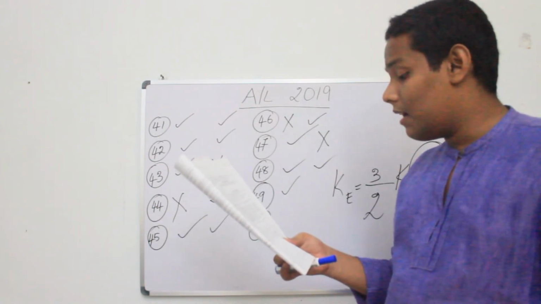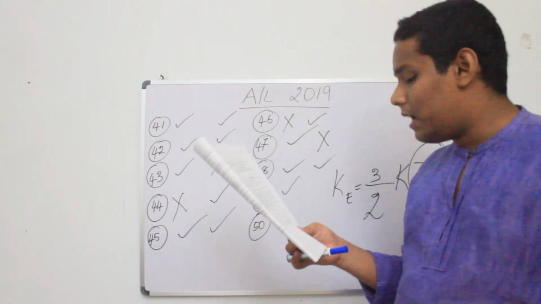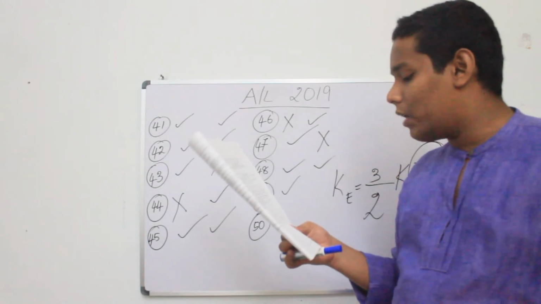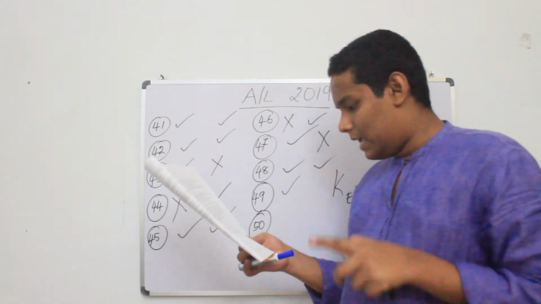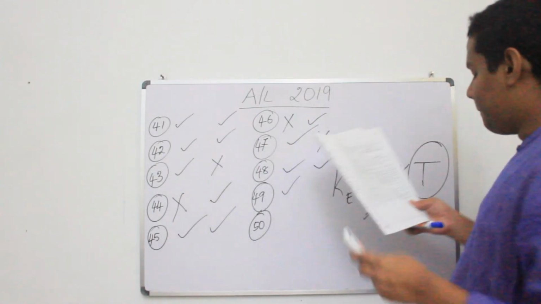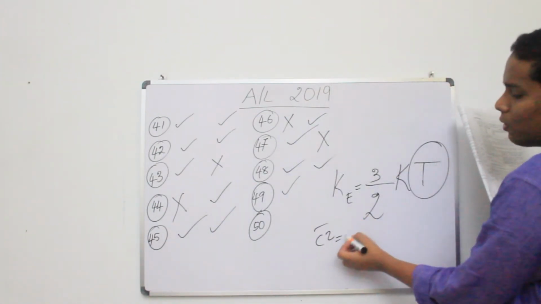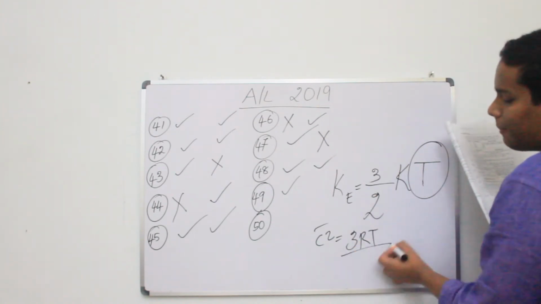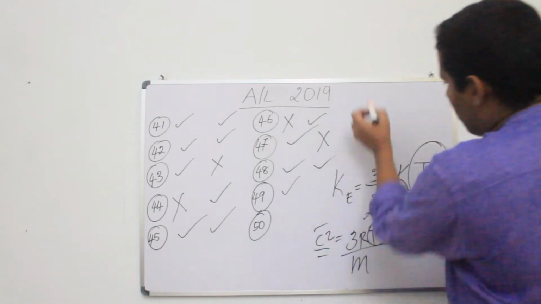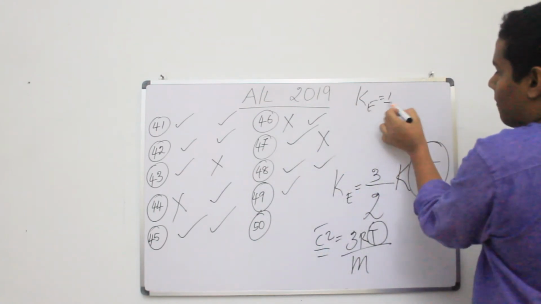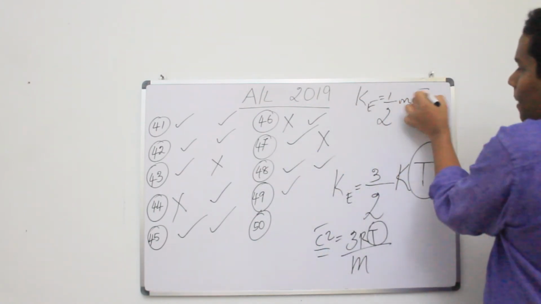Second one, at a given temperature, the average speed of gaseous molecules adjusts according to their masses. At a given temperature, c squared bar equals 3RT over M. Now KE equals half m c squared bar.